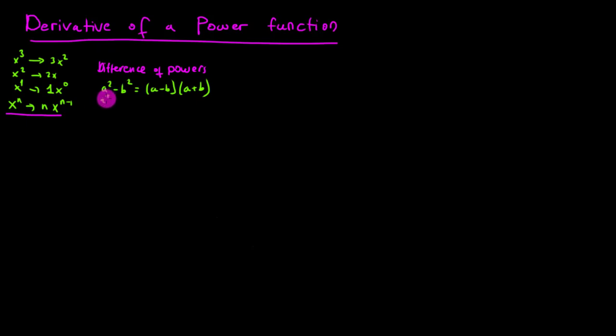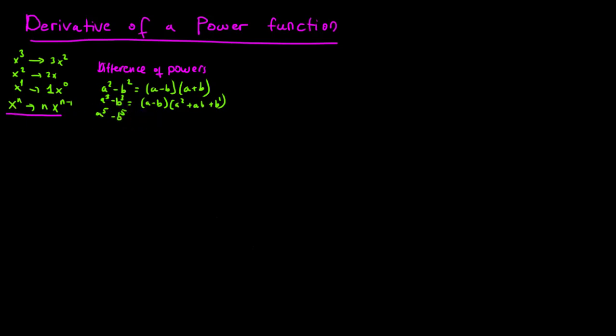Okay, you know this one, a cubed minus b cubed will be a minus b times a squared plus ab plus b squared. But do you know the formula for, let's say, a to the power of 5 minus b to the power of 5?